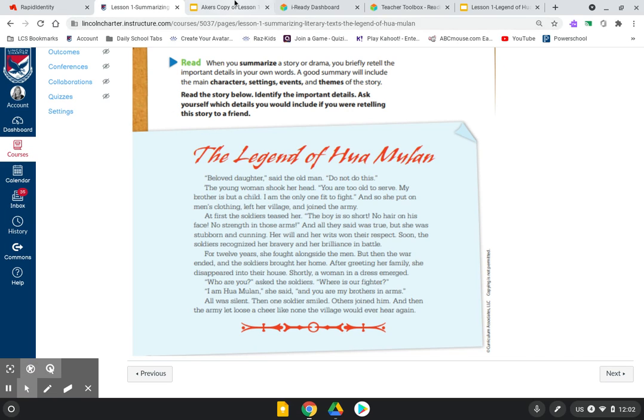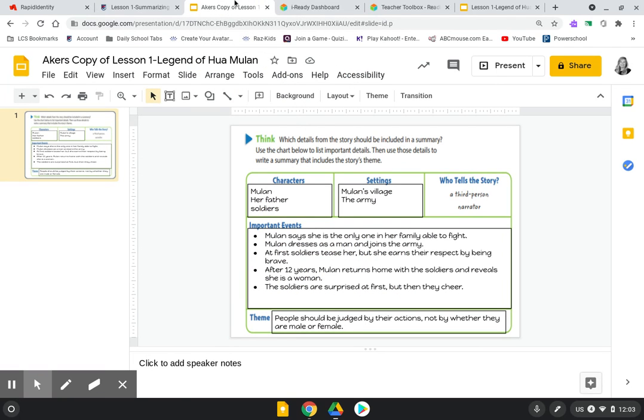So, in thinking of the message or the theme of this story: people should be judged by their actions, not by whether they are male or female, because men and women can do things very much equally and should be treated that way. Once you complete your graphic organizer, please make sure you have already shared it with me.